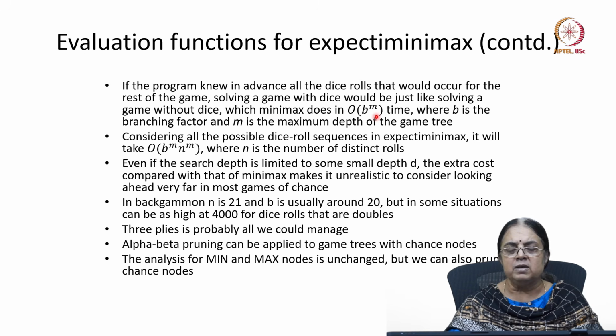In backgammon, n is 21 and b is around 20. In some cases b can be very high, so you cannot go too deep. You can go only up to 3 ply.